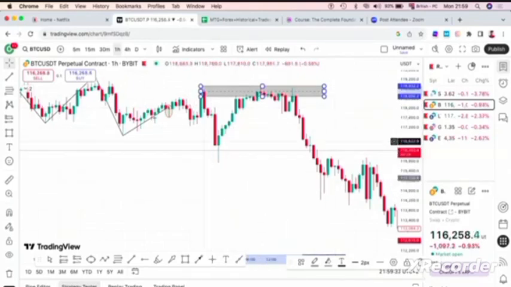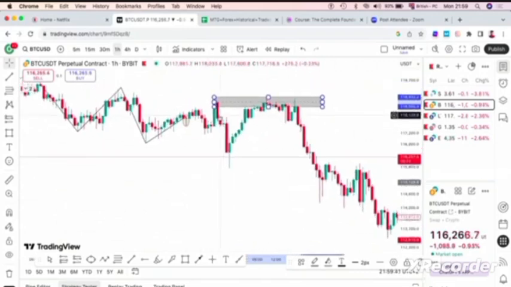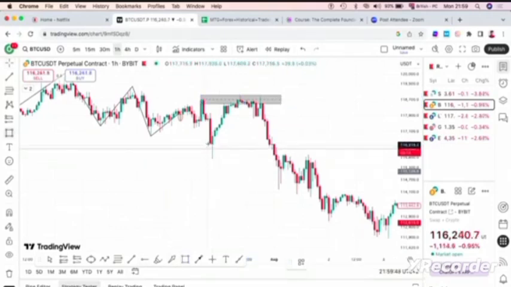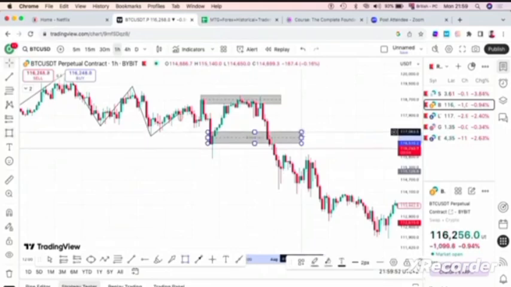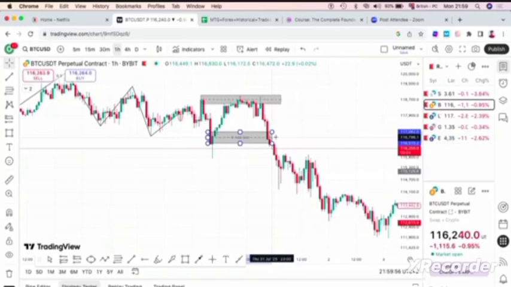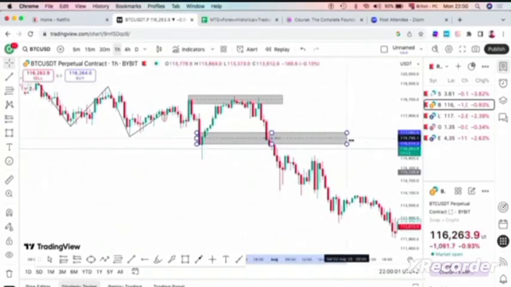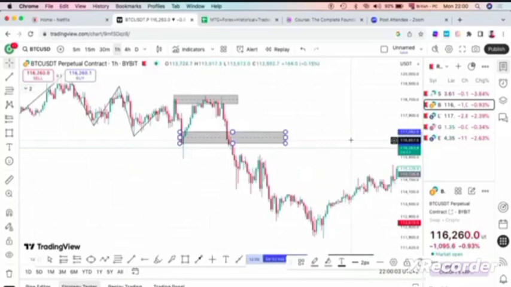You can see that as soon as there was a doji, price tried to break out, but unfortunately it continued in that direction. We have our support level around here. Price broke the support and continued all the way down.